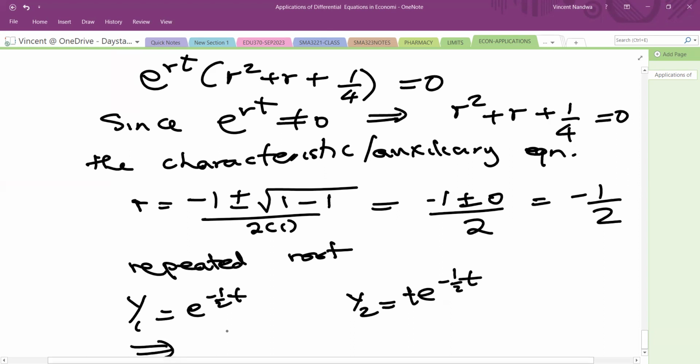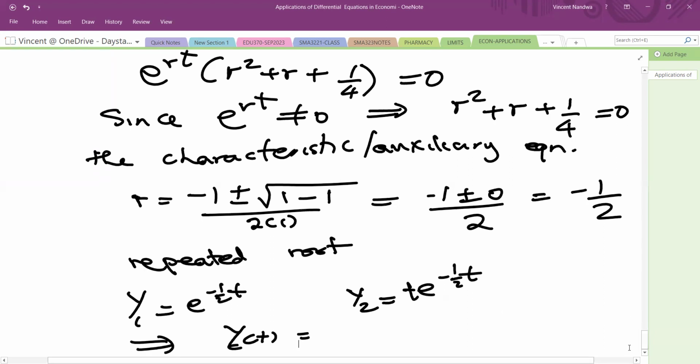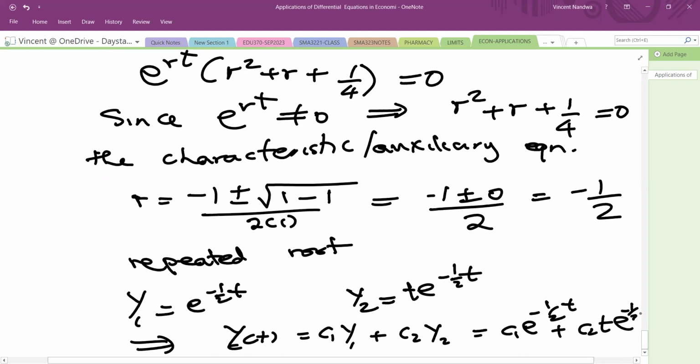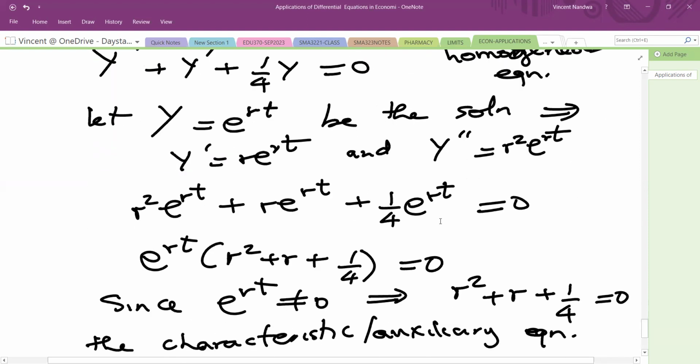So we have yc, the homogeneous solution, given by c1 y1 plus c2 y2, which is c1 e raised to the power negative a half t plus c2 t e raised to the power negative a half t.